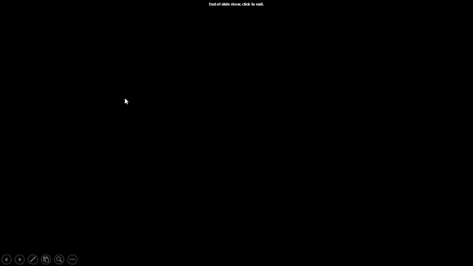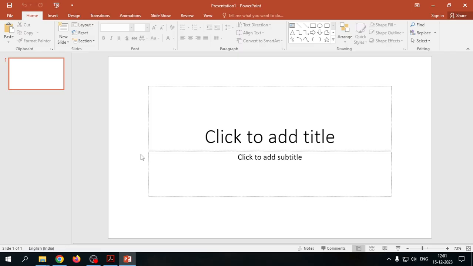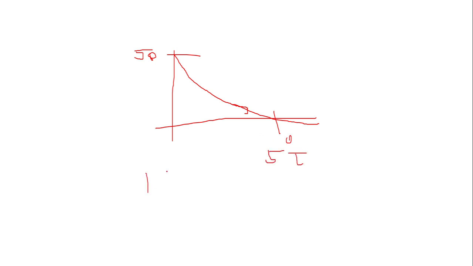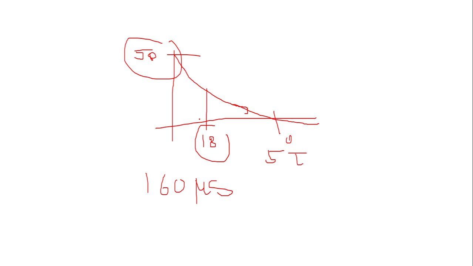You can see here the graph that starts from 50 and decays like this to 0 approximately at 5 tau. If you want to calculate the value at 160 microseconds, somewhere here it is around 18, the voltage changing from 50 to 18. This is what the discharge rate tells us from the given problem.